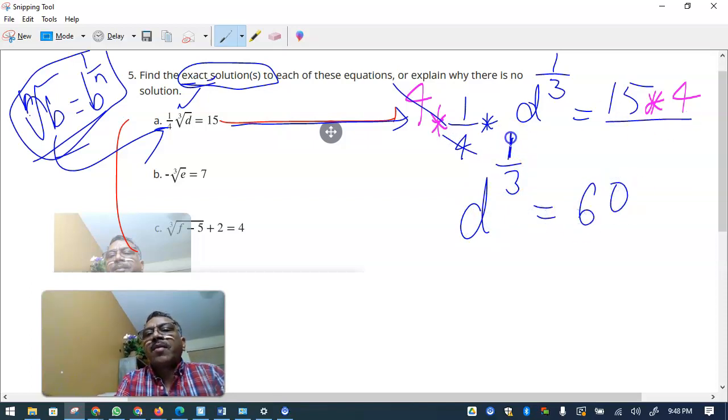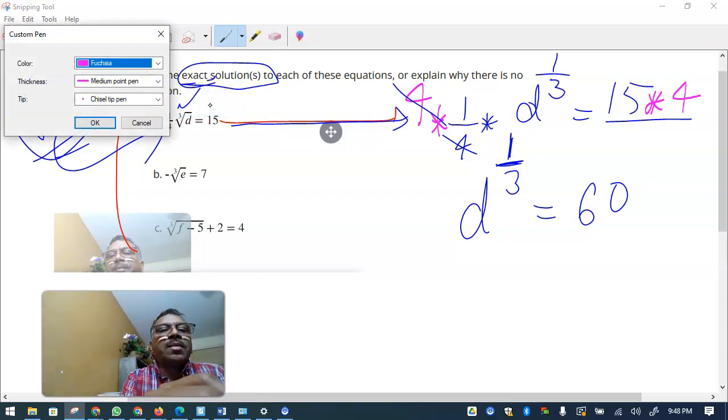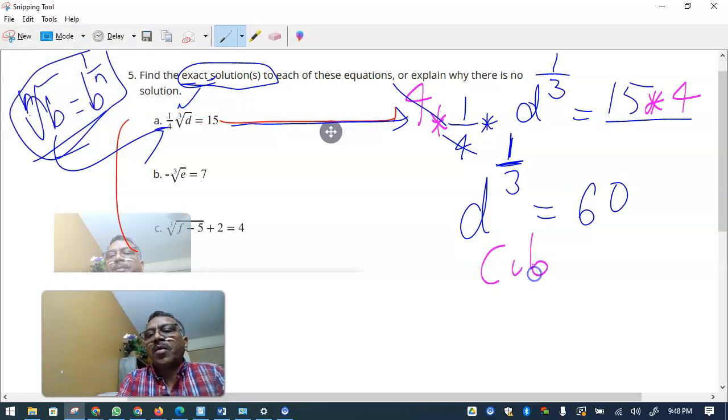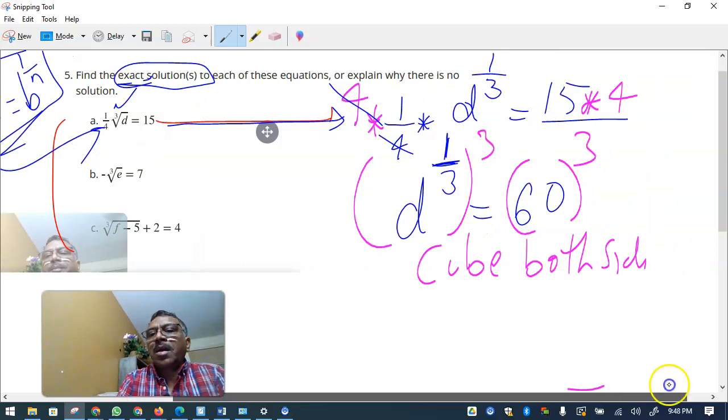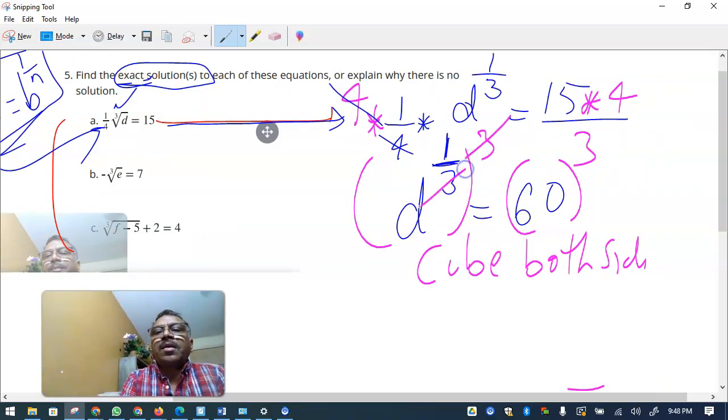Now you can't have a fraction, right? So at the most what we can do is try to cube both sides. Let me write here. So you cube both sides. What does cube both sides mean? It means you raise to the power 3, raised to the power 3, and this 3 goes away. Why?